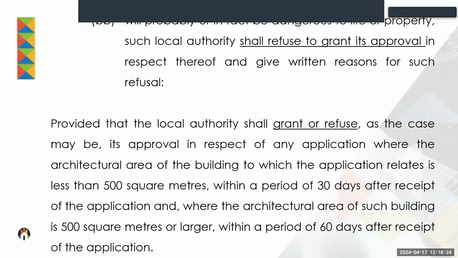The local authority must, there's a legal obligation placed on them to refuse to grant its approval in respect thereof. And they have to, and we have seen it earlier on in terms of section 36 of the Constitution, provide you with written reasons why they have refused your approval.